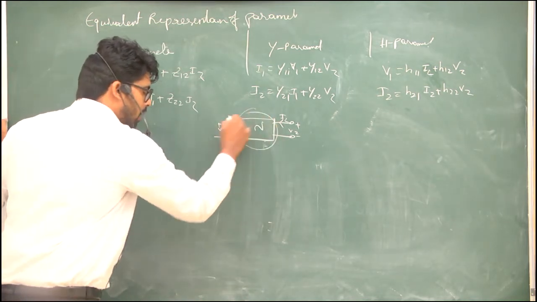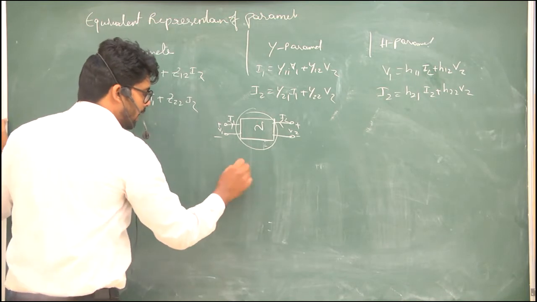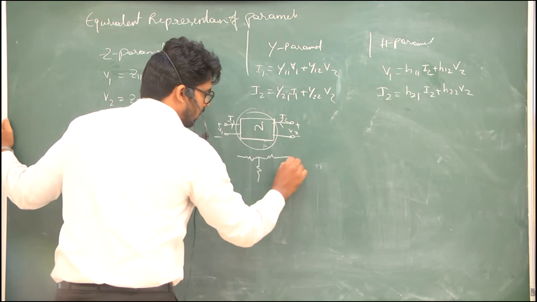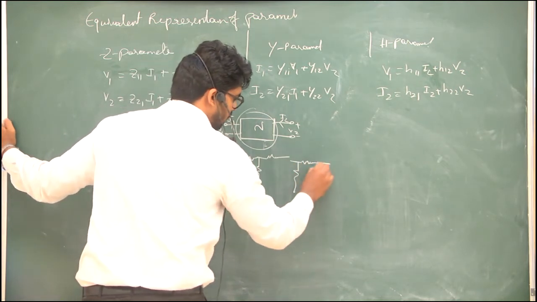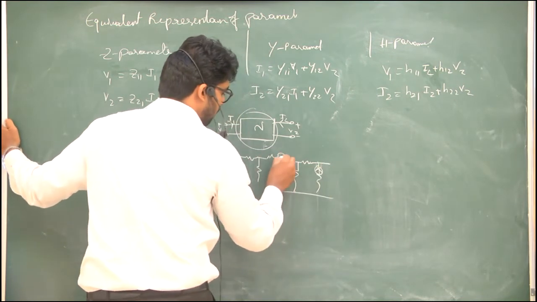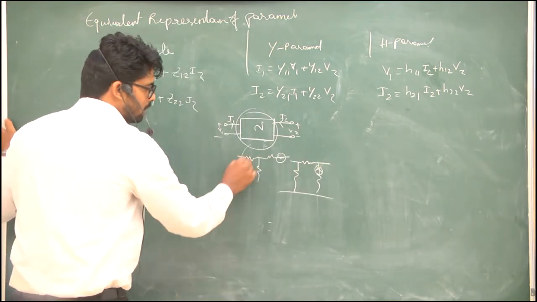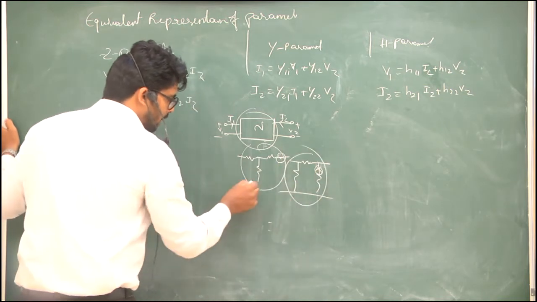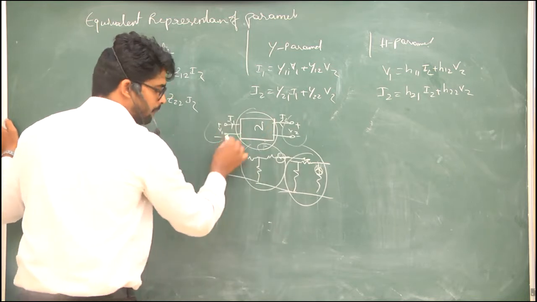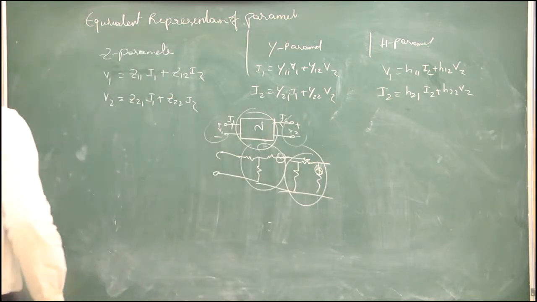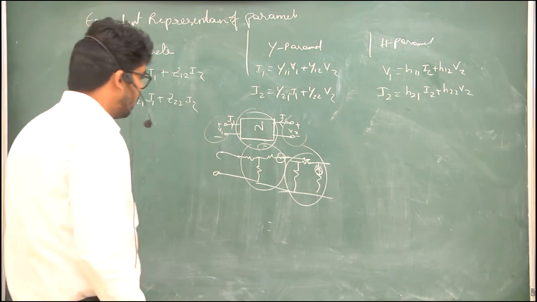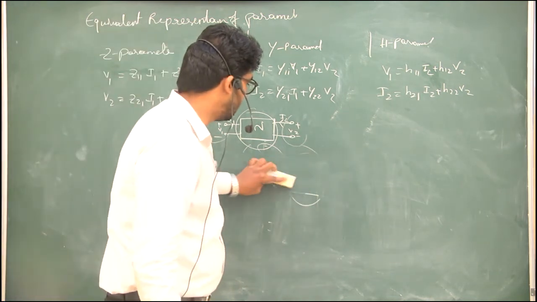In this box you may have multiple circuits like T circuit, pi circuit, and in the middle you may have dependent sources, independent sources, whatever. That is the box, but we have output terminals like this, these two terminals. Until and unless everything is common, not an issue, but problem occurs, we have to deal in a different manner.